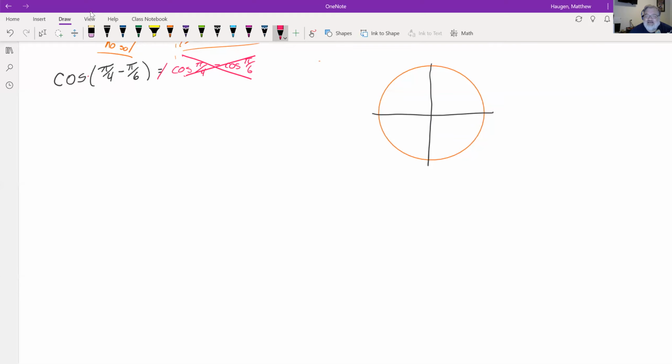And if we wanted to test that that's not true, we could figure out what the cosine of pi over 4 minus the cosine of pi over 6 is. We know those values. It's the square root of 2 over 2 minus the square root of 3 over 2. We could subtract those and get a value. And frankly, that value would be negative, right?